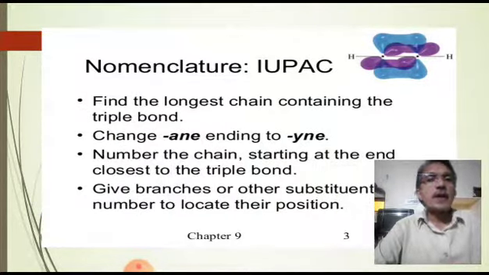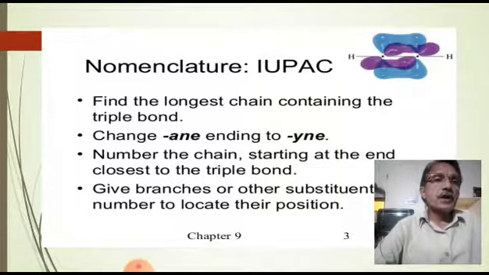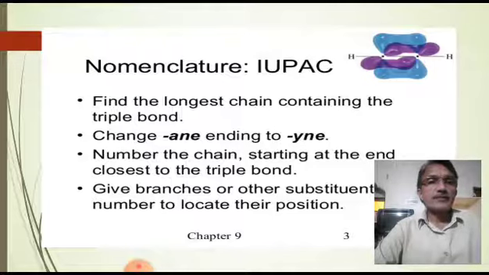Now let us see the nomenclature. IUPAC nomenclature of alkynes. Find the longest chain containing the triple bond. It is the first point. We shall have to find the longest continuous chain containing the triple bond. Numbering must be done from the side where the triple bond is located.